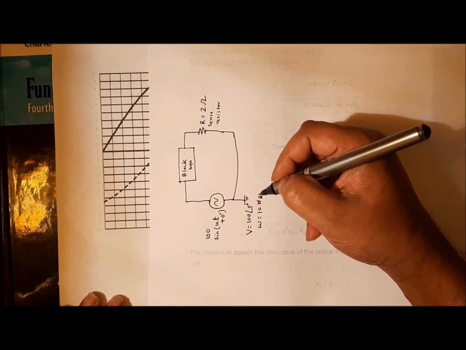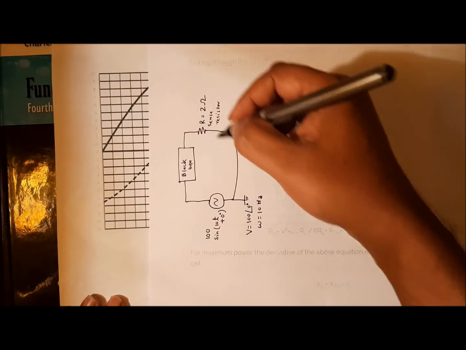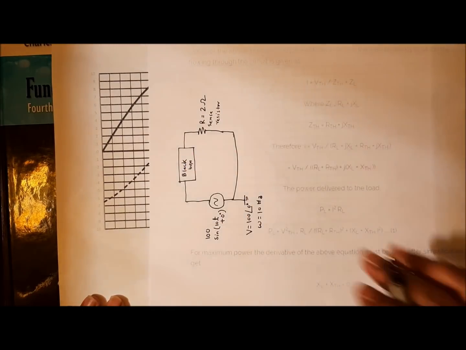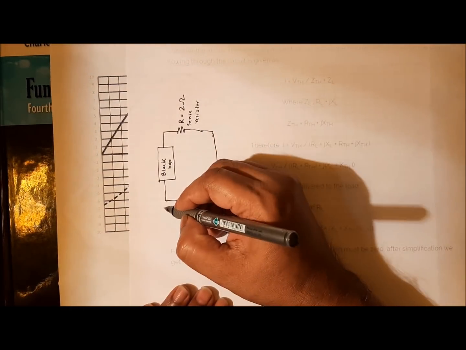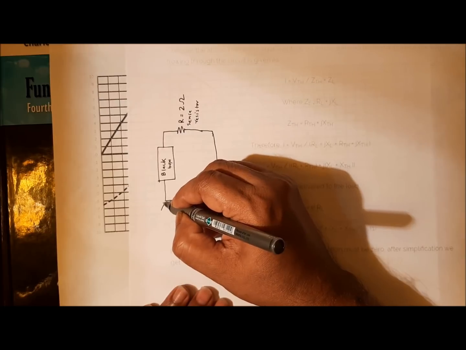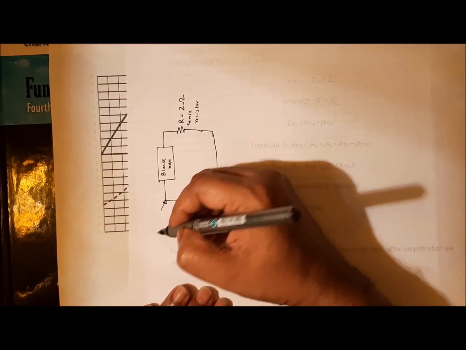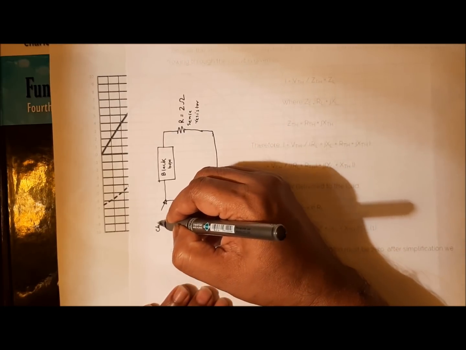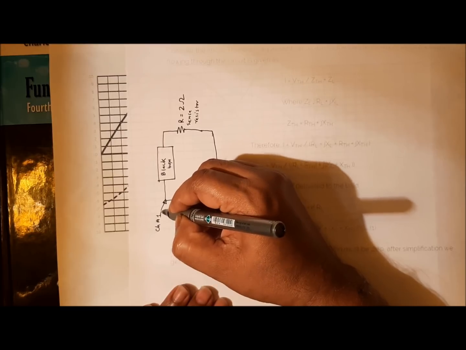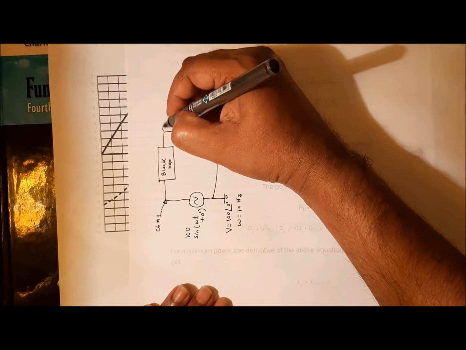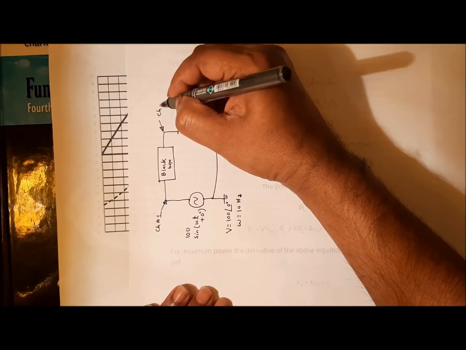For this particular voltage, sense resistor and black box circuit, we connect our oscilloscope channel 1. This is my channel 1, and we connect my oscilloscope channel 2 here.